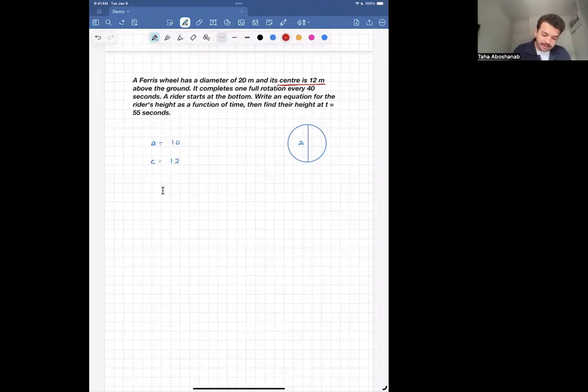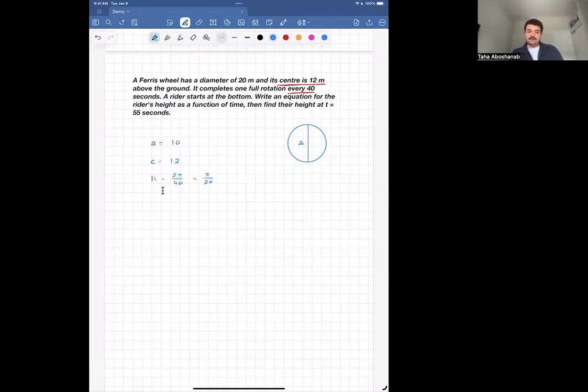We have the period as 40 seconds, but remember, the k value is 2 pi divided by the period. So k is 2 pi divided by 40 seconds. We can simplify this, and that becomes pi over 20.